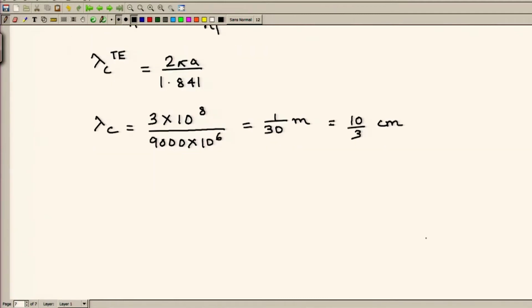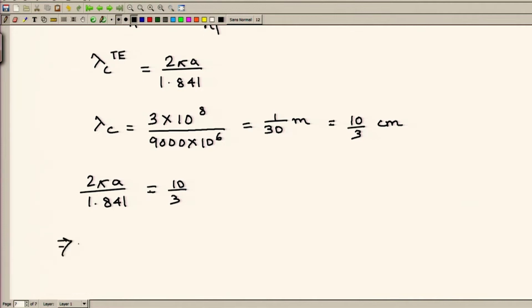So therefore we can write 2 pi a upon 1.841 as 10 upon 3.